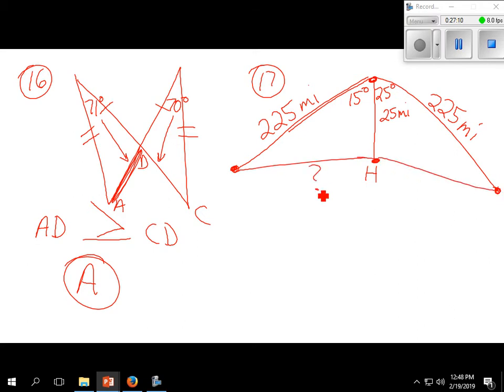And they want to know which one of these two distances is the longest. We'll call this U for you, this is your brother, so B. Is your brother farther from your house, or are you farther from your house? Don't go by my drawing. We know that these two are congruent to each other, you both flew the same distances. We also know that you both drove the same distance to get to the airport.